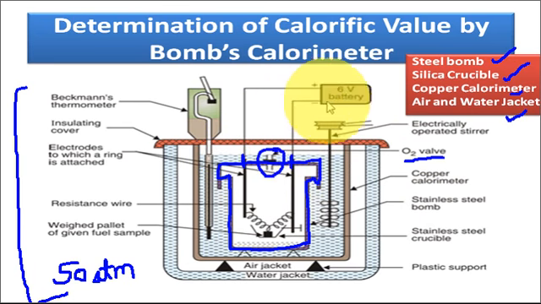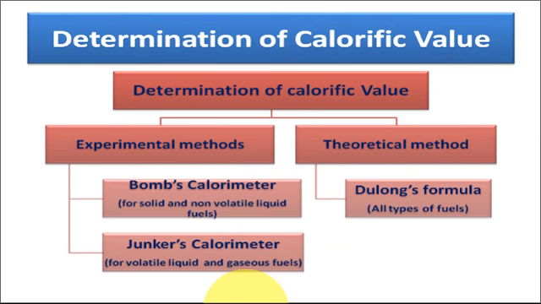These electrodes are further connected with the battery. Clear? And a small ring is fitted to one of the electrodes, which acts as a support for the silica crucible.